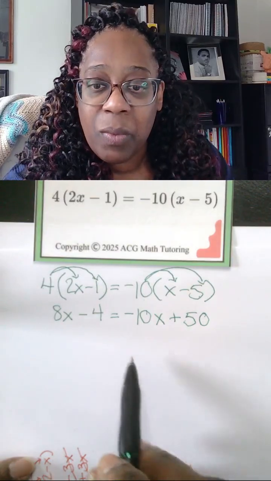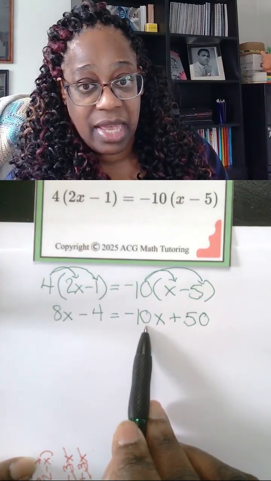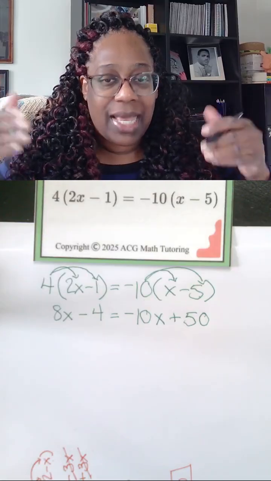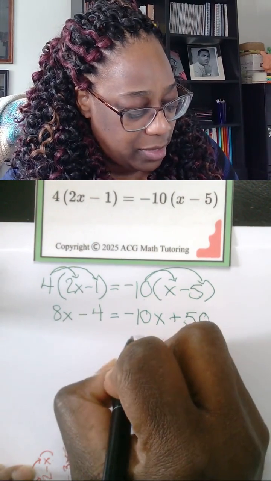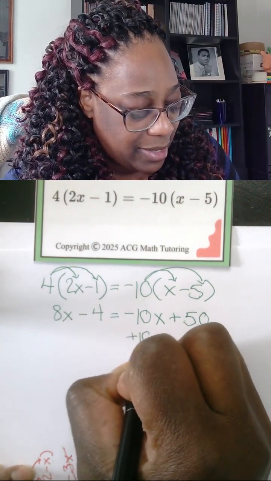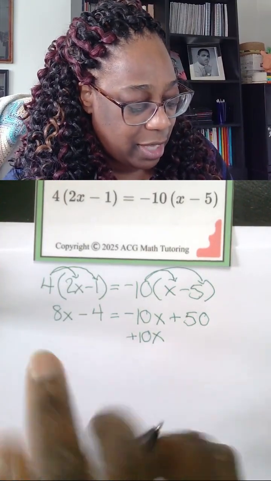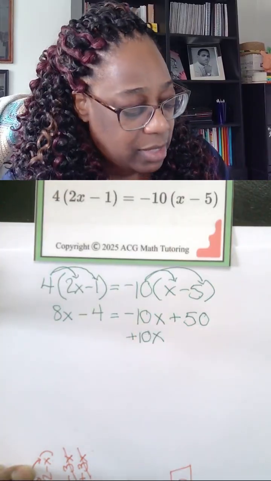So now we have an 8x on one side and a negative 10x on the other side. We need to get all our x's on one side of the equal sign. If you want, we can add 10x, because in order to move from one side of the equal sign to the other, we need to do its inverse. Please remember that.